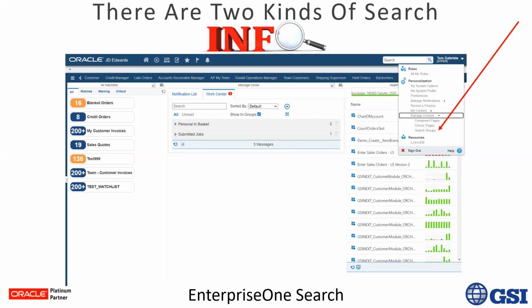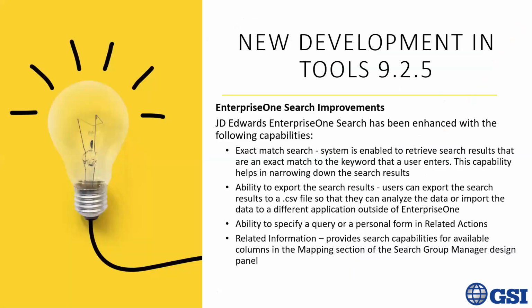Now, it's important to see that I showed you that little screen that said, hey, Tools 9.2.5 came out, and if you're on 9.1, you're not going to get it. Well, there are important enhancements they made with that search. And to me, they're very important. One of them is that now you can search for an exact match.